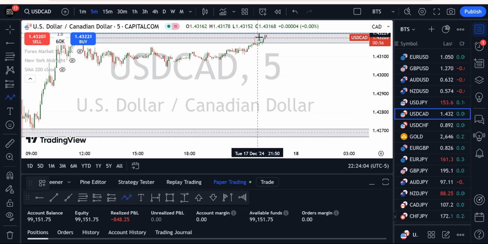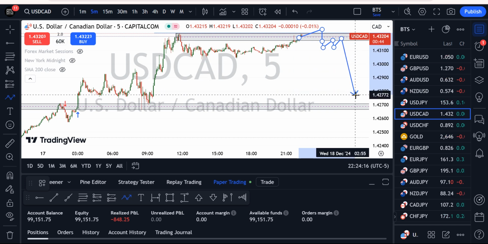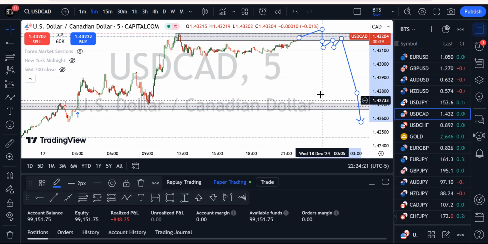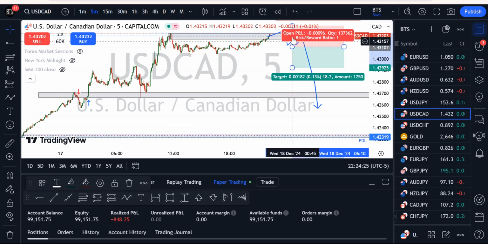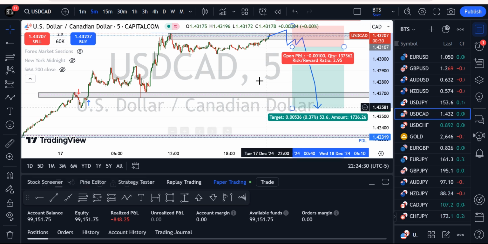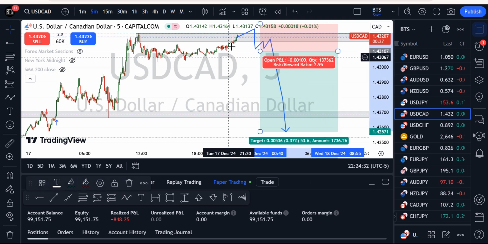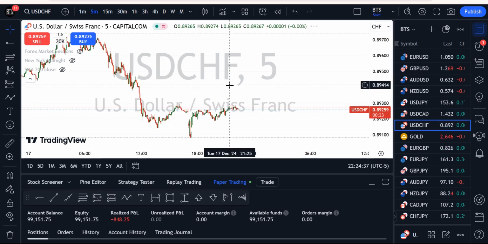So something like this, right? I can be willing to pick it here or go all the way down to that low, which will be roughly around, let's just say, 50 pips. So something like this would be ideal for me to pick a trade on it.